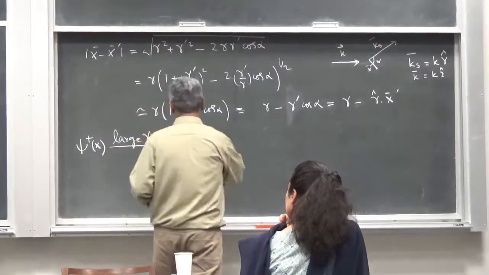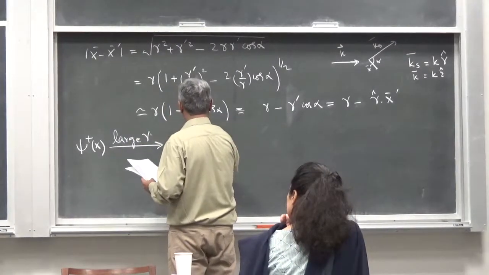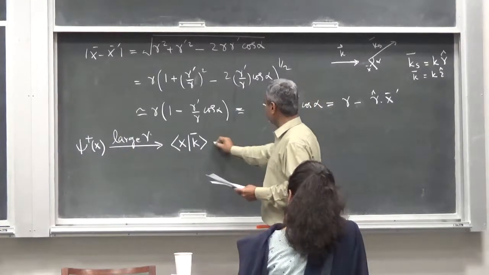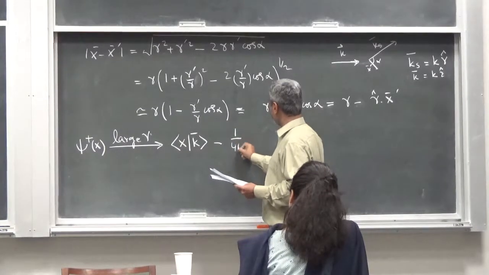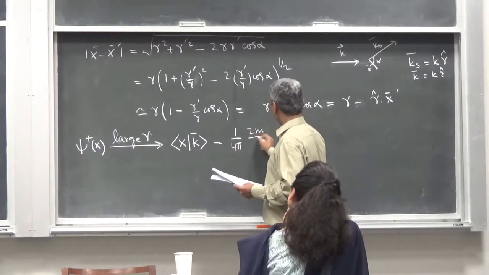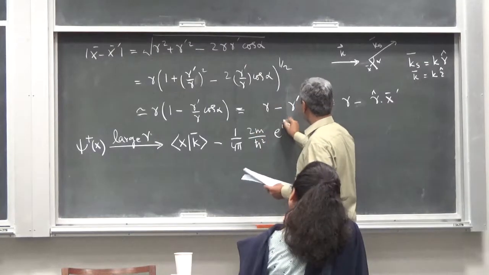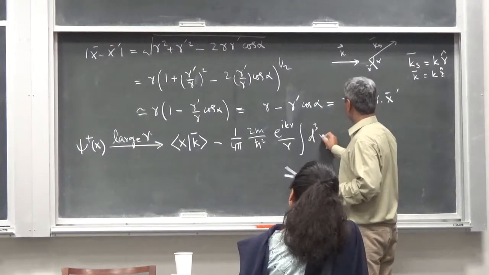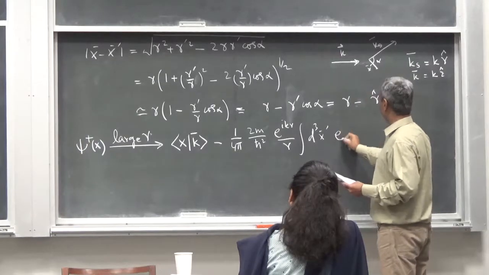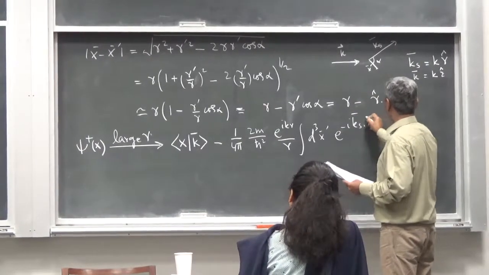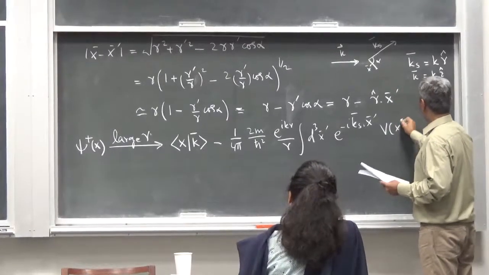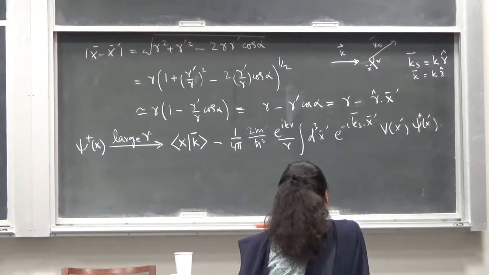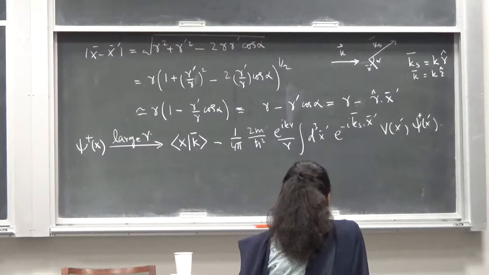So we can write this as phi_k of x, this is the incident field, minus 1 over 4 pi, 2m over h-bar squared, e to the i k r over r, integral d3 x prime e to the minus i k_s dot x prime V of x prime psi plus of x prime. Agree?